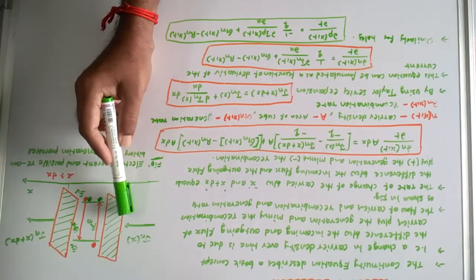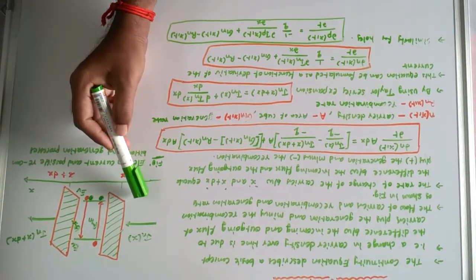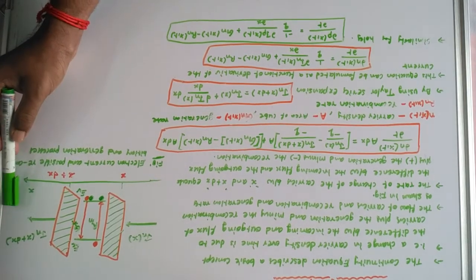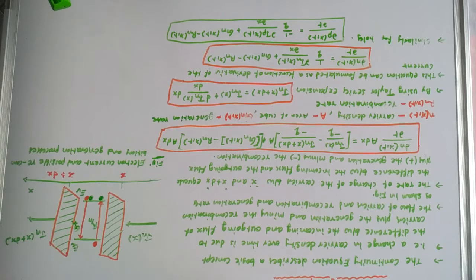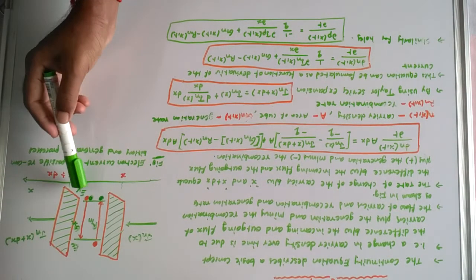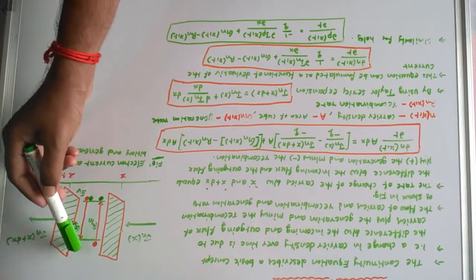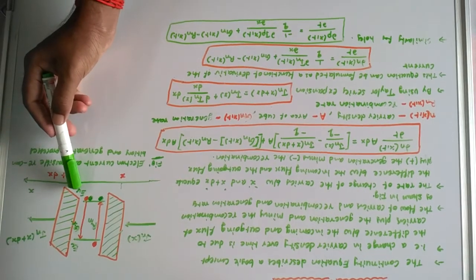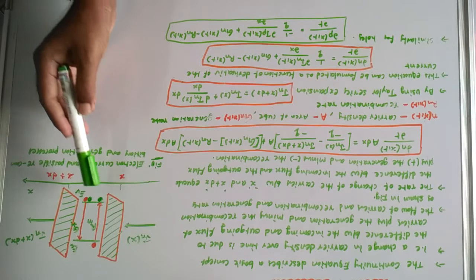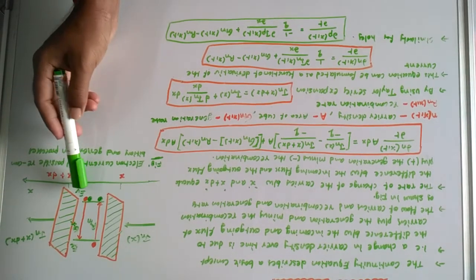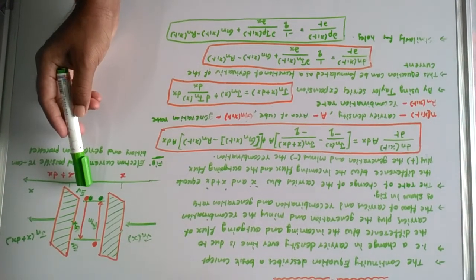This is the incoming current density. This is the outgoing current density. Here two energy bands are there. EV is the valence band, EC is the conduction band. In the valence band some electrons are there.